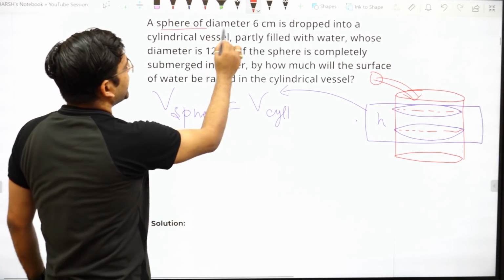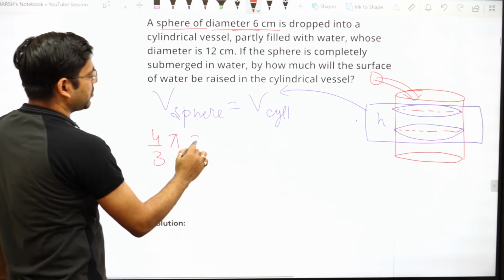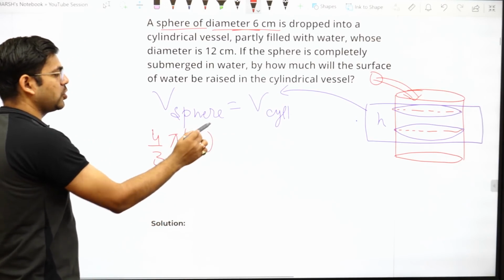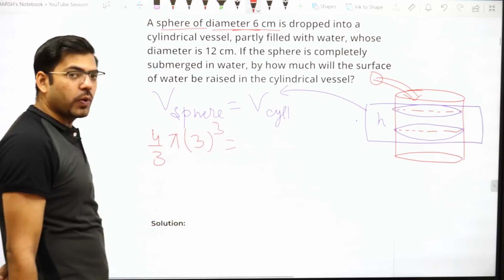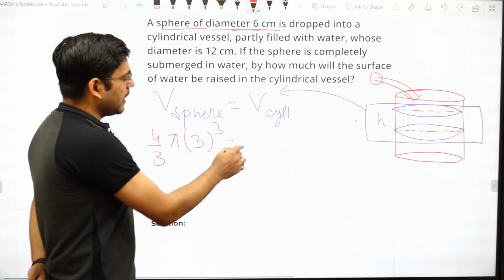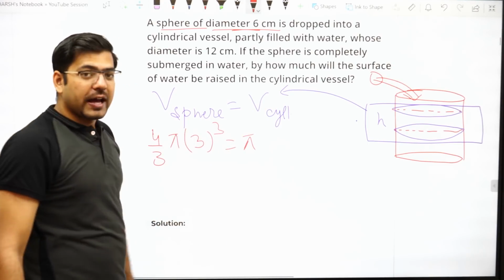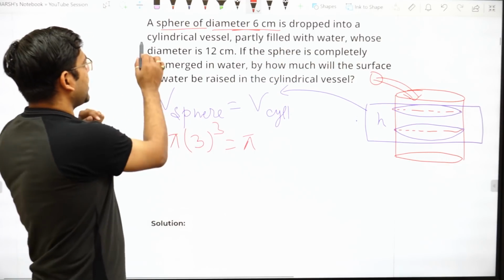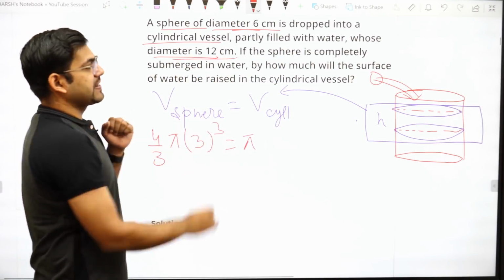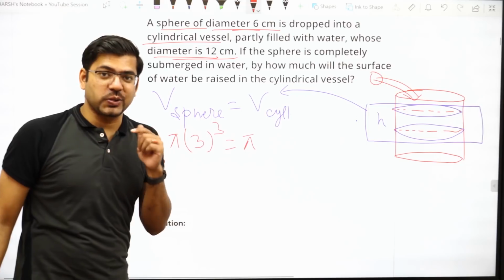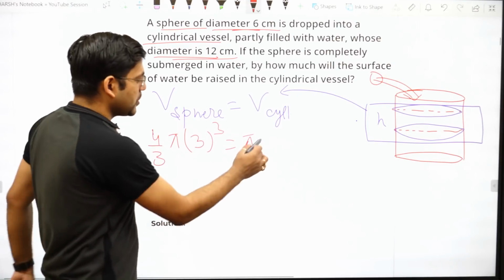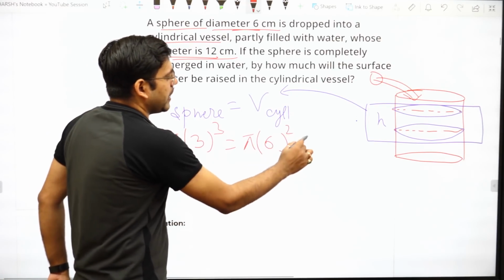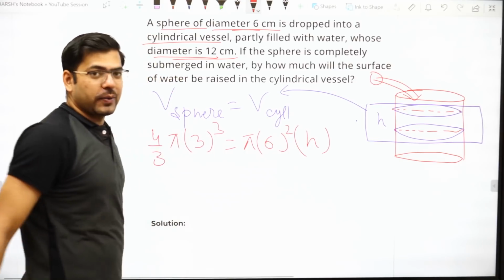So sphere of diameter 6 centimeter, so the radius is 3. 4 by 3 pi 3 cube is equal to, for volume of cylinder, pi r square h. The cylindrical vessel diameter is 12 centimeter, so the radius would be 6 centimeter. So pi 6 square into h, we do not know. We have to calculate this h.